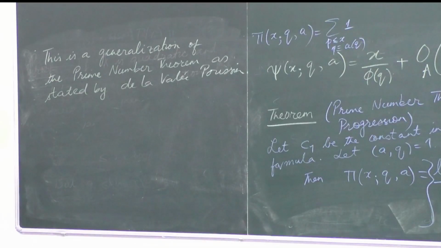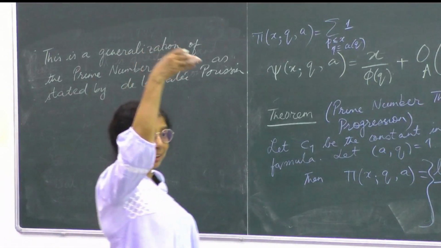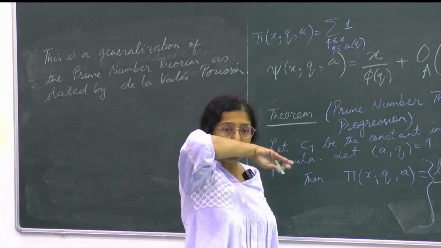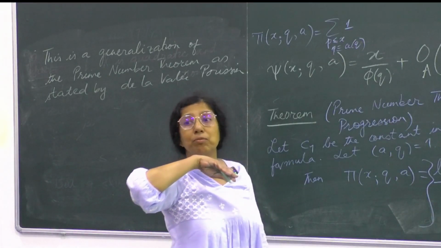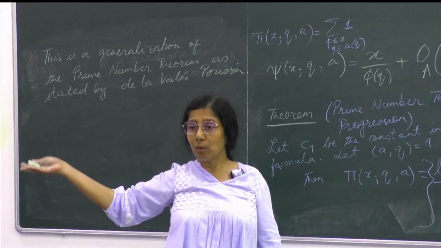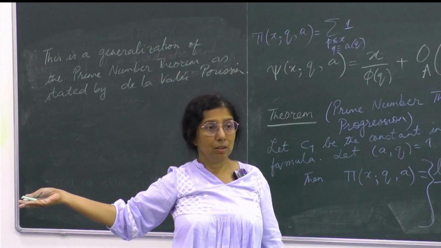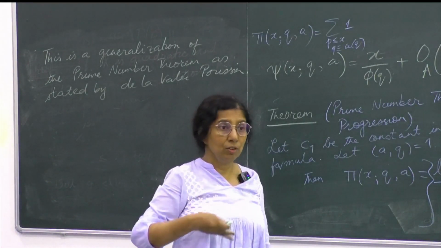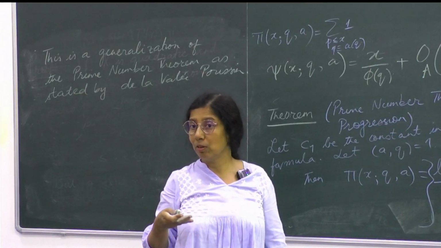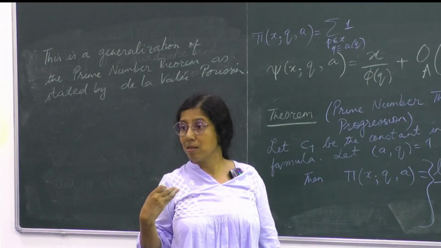We wrote the result for psi and then we wrote the result for pi, but how do you come from psi to pi? That is, how do you come from von Mangoldt to the counting function? Yeah, you must have seen that. So how do you do that?